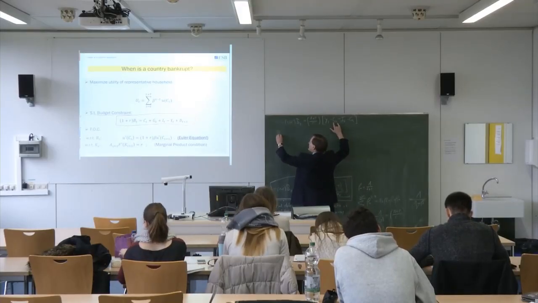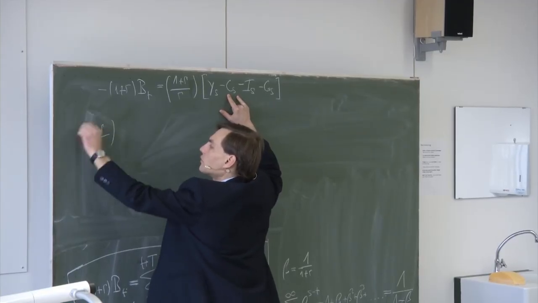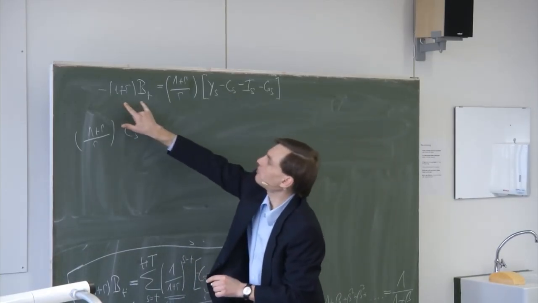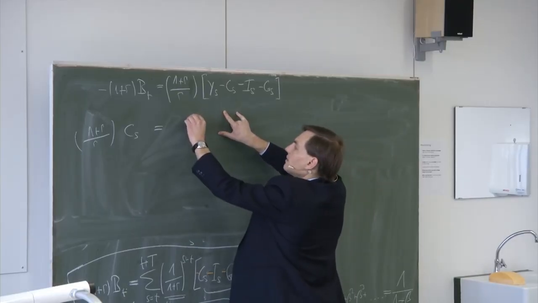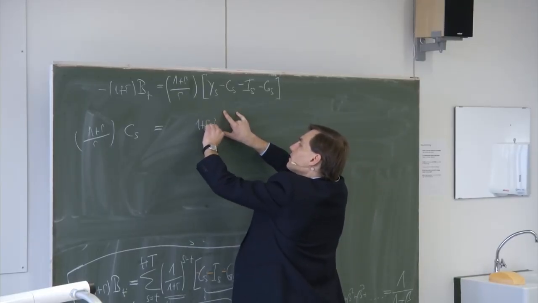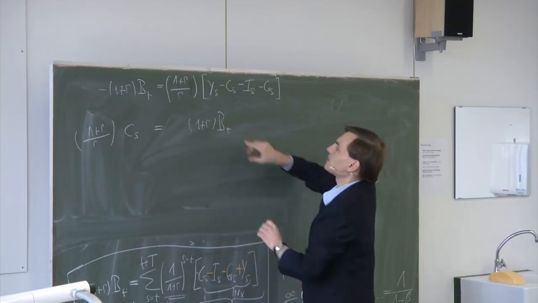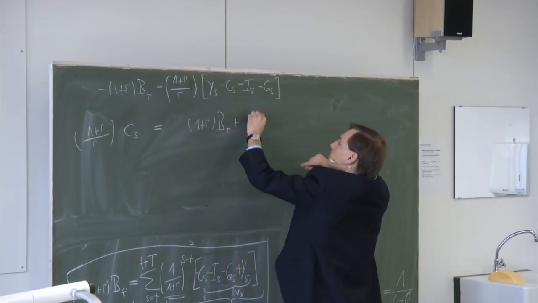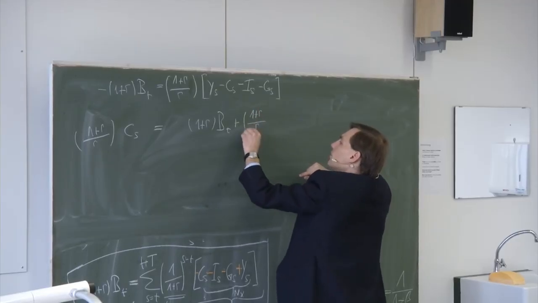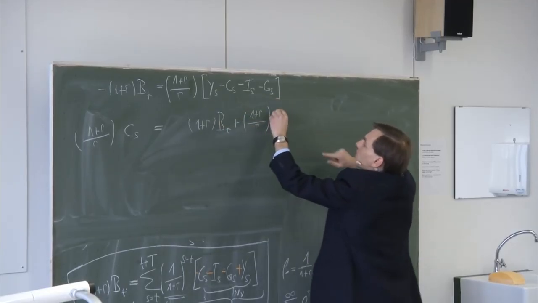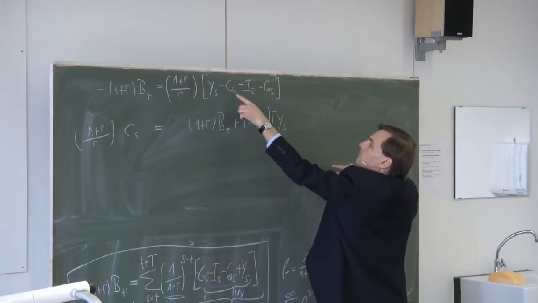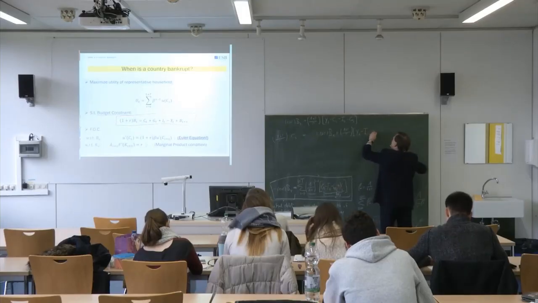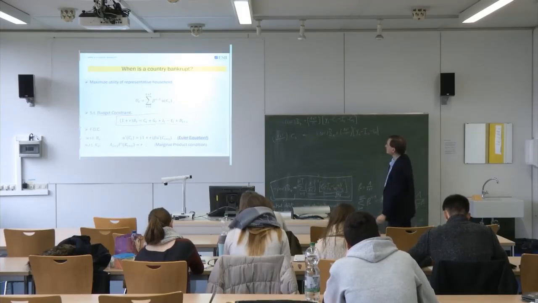Then you can say, well, I have then (1 plus r) over r times consumption on this side, and on the other side I bring this term now to the right-hand side, so I have then (1 plus r) b at period t, and the remaining period is this term, (1 plus r) over r, and what is remaining is income minus investment minus government spending.